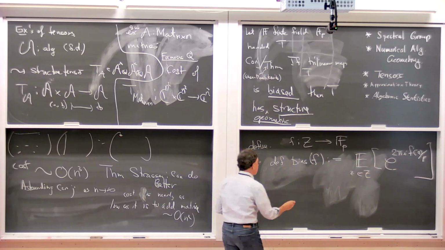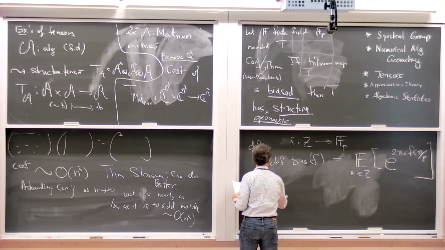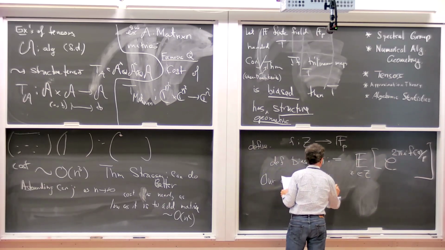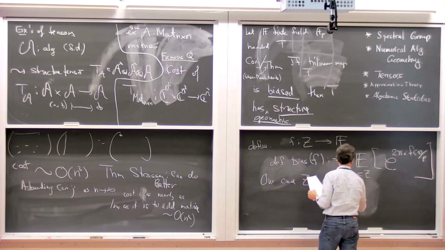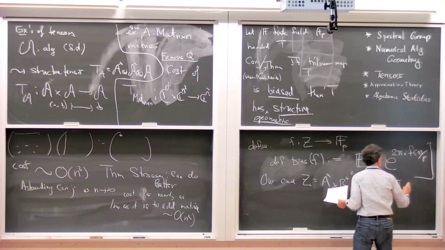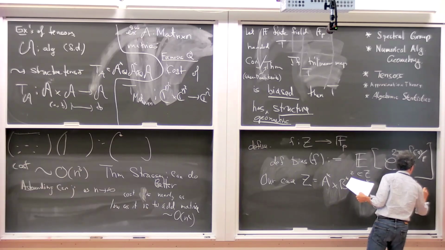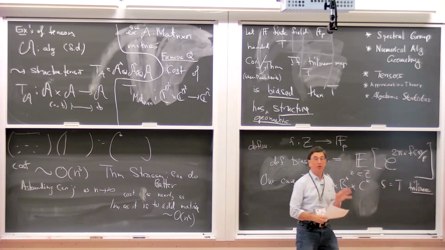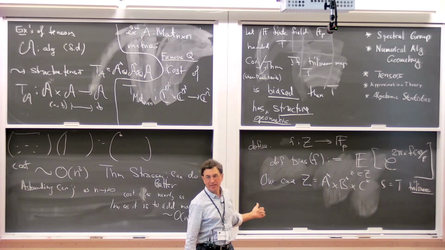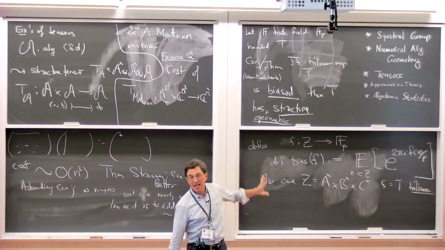And so in our case, Z is just going to be this product of these 3 vector spaces, and f is trilinear. The easiest possible case. Now, you may say, you're doing that because you like to do algebraic geometry and tensors. This was not me.